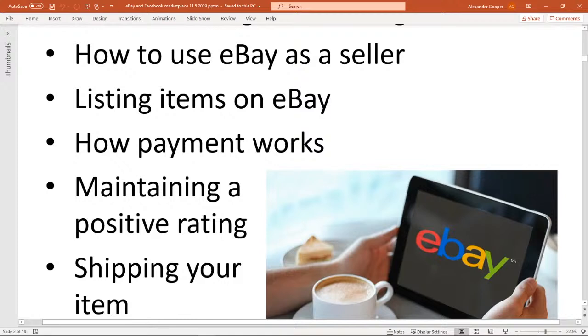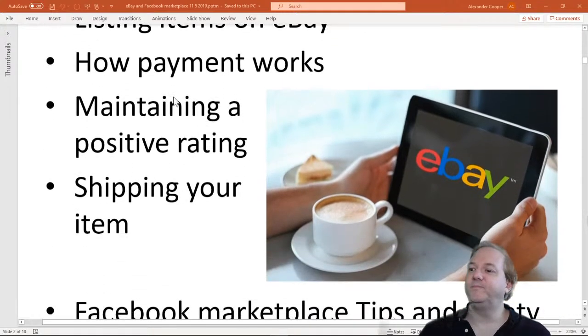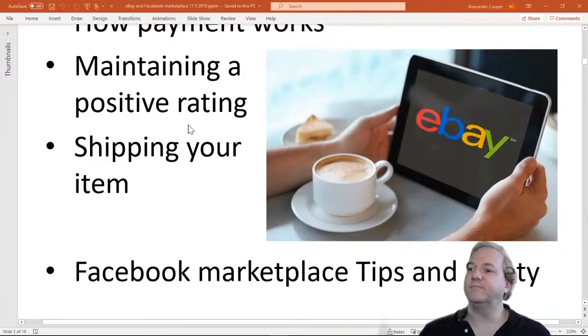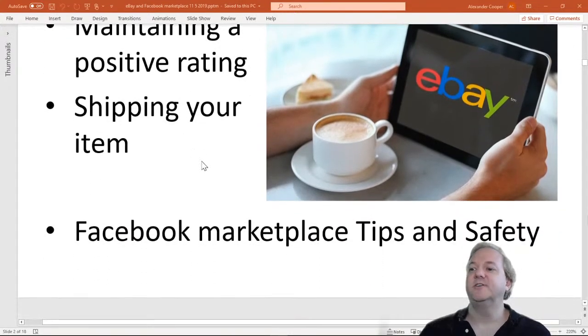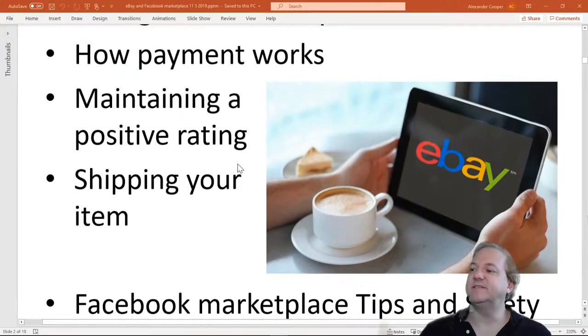Make sure you put your item in your box, go to the post office and see how much it costs to ship that, so then you'll be ready to go. How much is it to ship this to basically California if you're living in Georgia, and then that's your maximum shipping price. Maintaining a positive rating, how payments work, shipping your item, and we talked about Facebook Marketplace tips and safety.